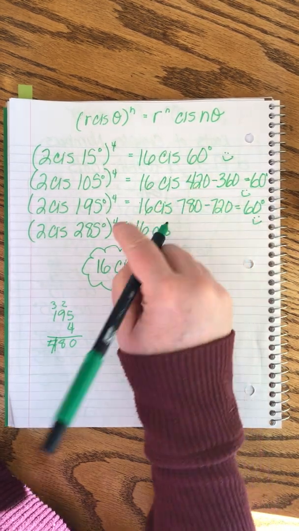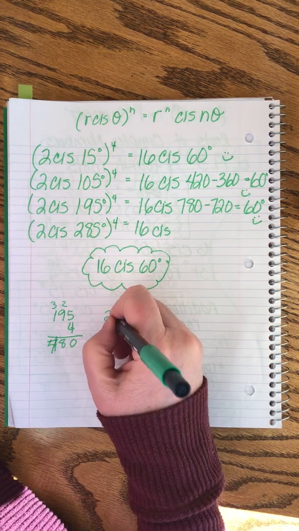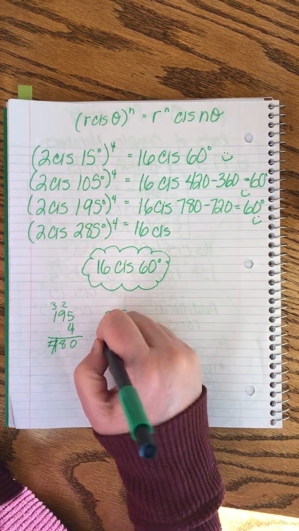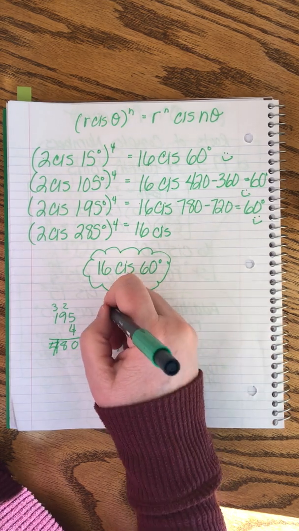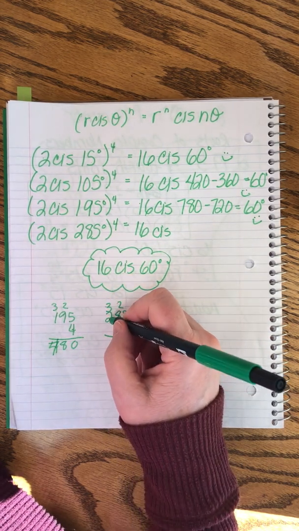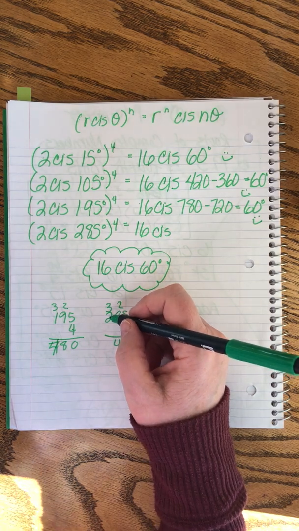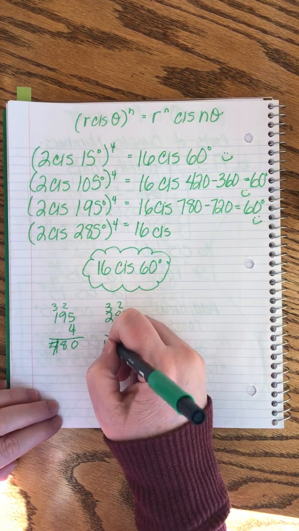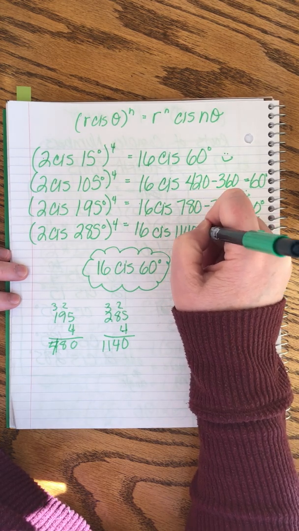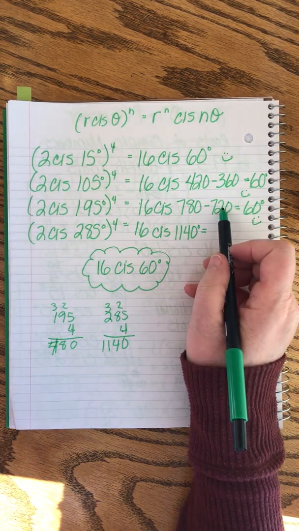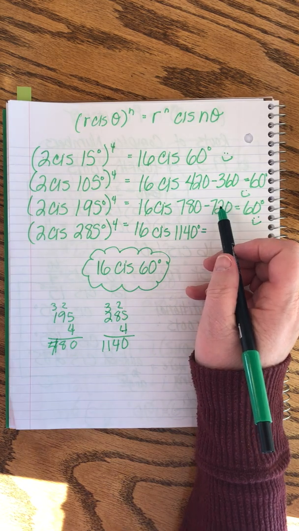And then here, we'll multiply 285 times 4. That's 1140. And here, we'll subtract 360 times 3 to subtract out 3 spins.